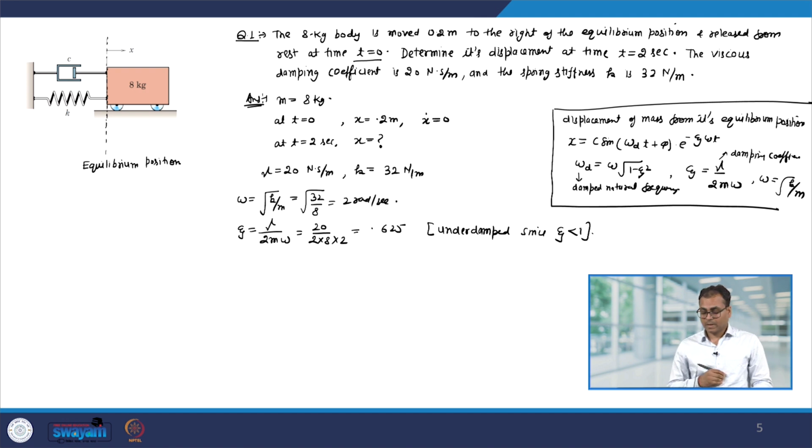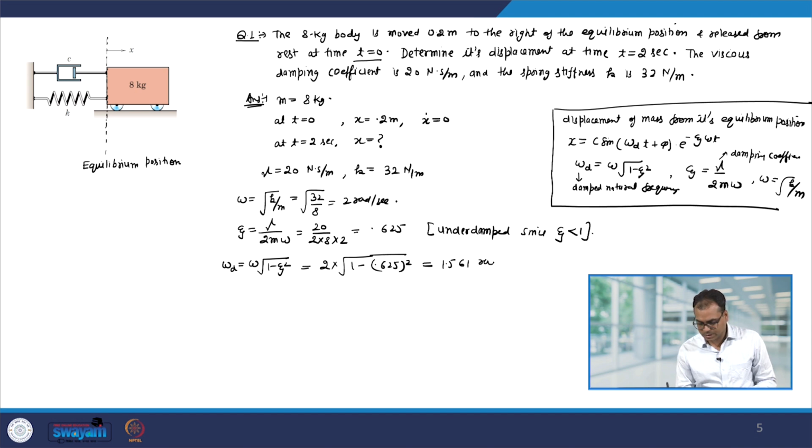Okay. And omega_d, which is the damped natural frequency, will be omega square root 1 minus zeta square, and that will be 2 into square root 1 minus 0.625 square, which is equal to 1.561 radian per second.